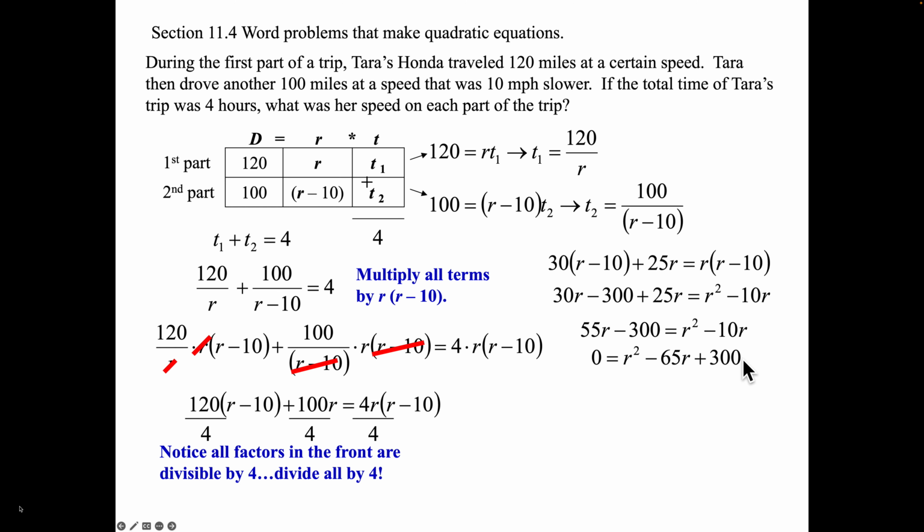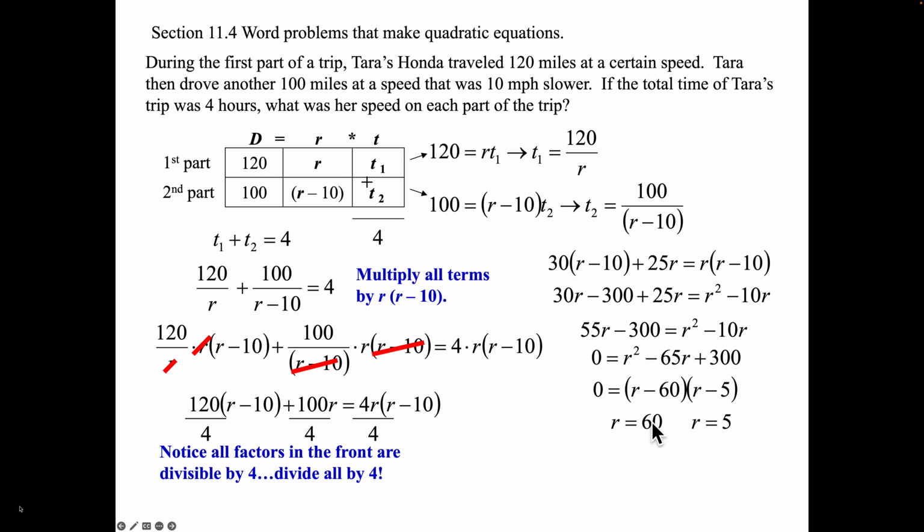So we're looking for what two numbers multiply to be 300 and add up to be 65. Hint: since it ends in zeros, one number ends in 0, one has to be a 5, so the only thing I can think of is 60 and 5. So R minus 60, R minus 5.